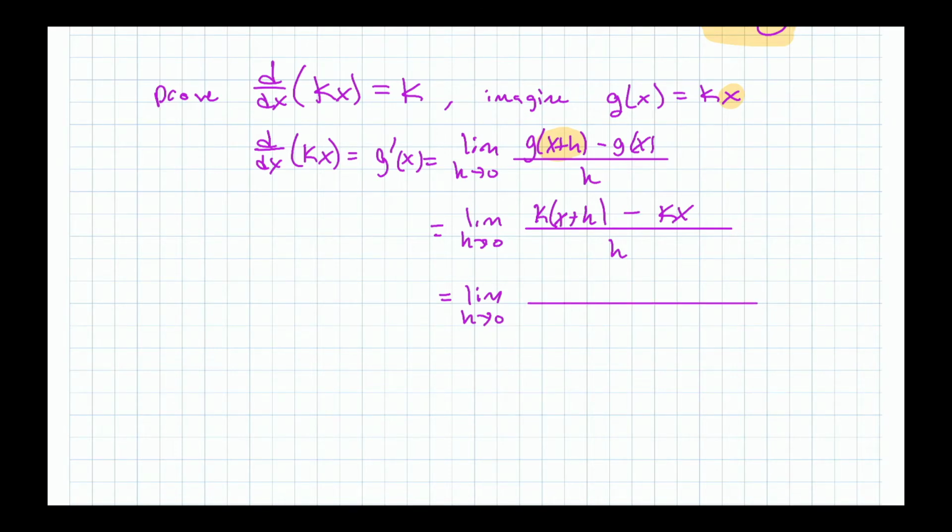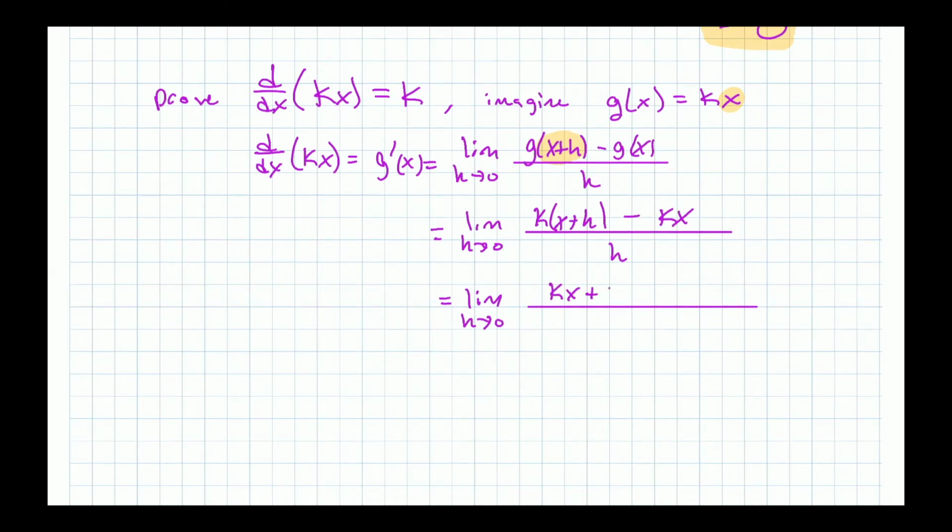So then from there, what you've got is kx plus kh minus kx over h. The kx cancels with the kx because we have a plus kx and a minus kx. So you have kh over h.